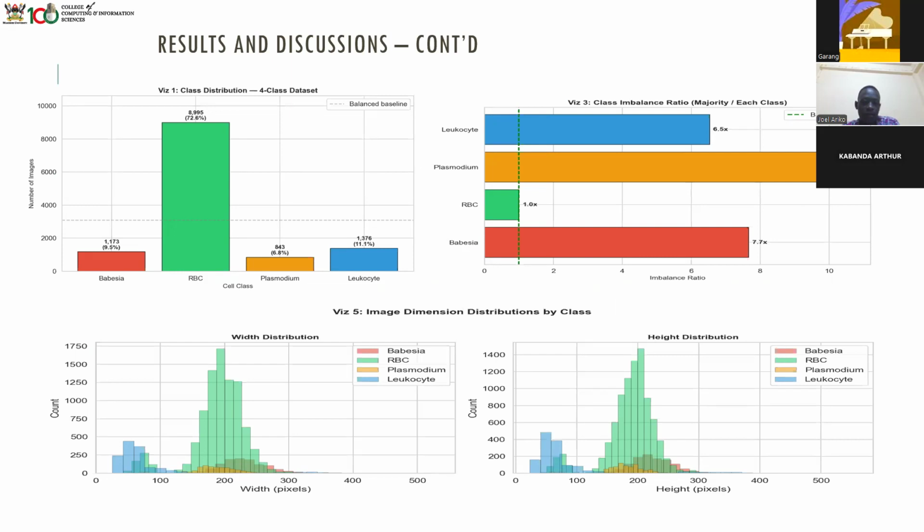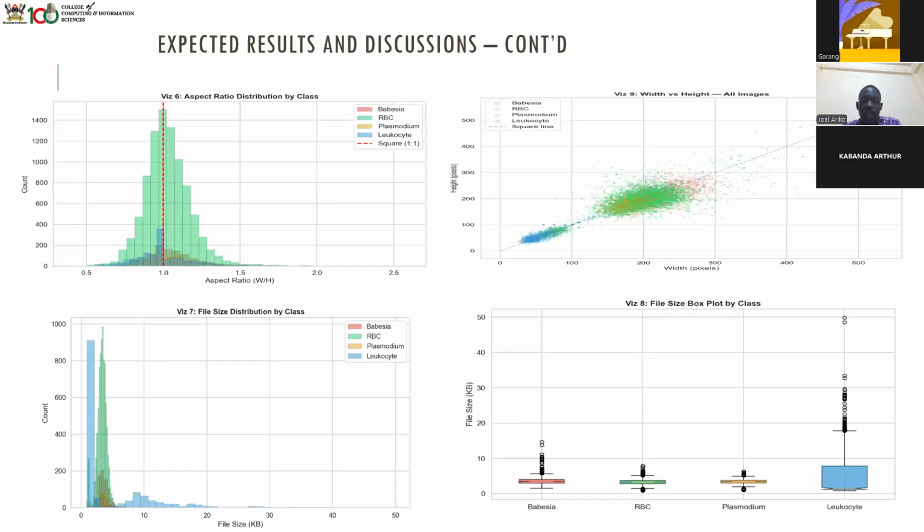Images have different length, width, height, and so on. So we had to explore this because it helps us come up with a resolution that we can feed into our model, and it will help us make concrete solutions after the training.